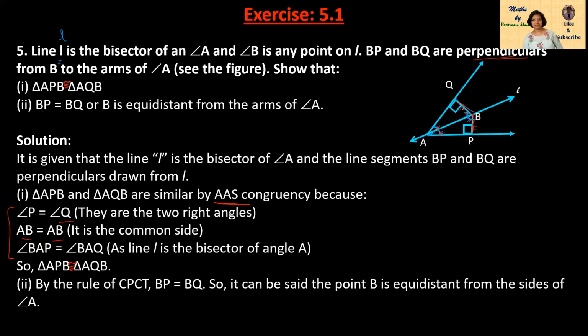Now we have to prove it. Because these two triangles are congruent, by the rule of CPCT, we can say BP equals BQ. So it can be said the point B is equidistant from the sides of angle A. Clear?